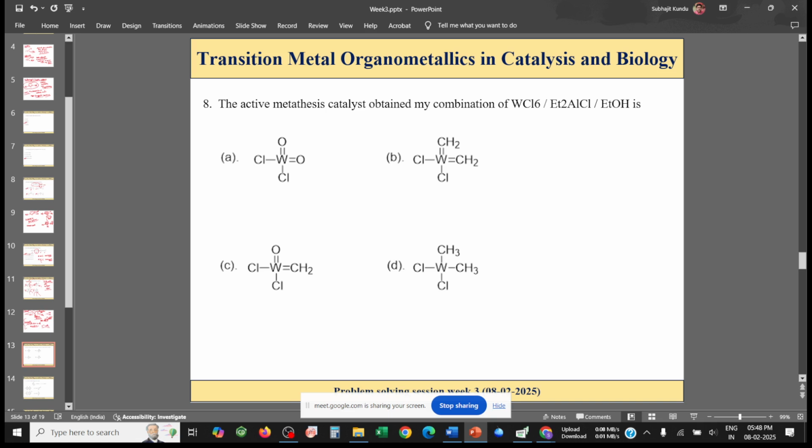Now this question is another very important question: the active metathesis catalyst obtained by the combination of WCl6, Et2AlCl, and ethanol is. This is another question we have to recall or remember to get the answer correctly.